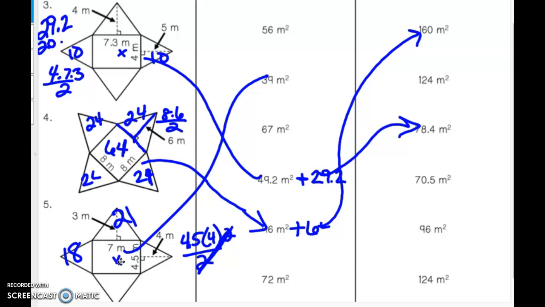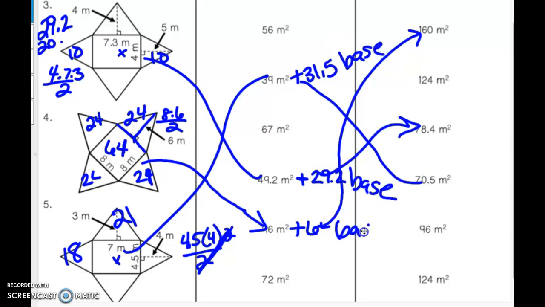I'm doing that on my calculator. That's 31.5. We add those together, 70.5. And that's how we get the total. So all I'm doing is adding the base to each of my laterals in order to get the total. So if you have the total, minus the base, you'll get your laterals.